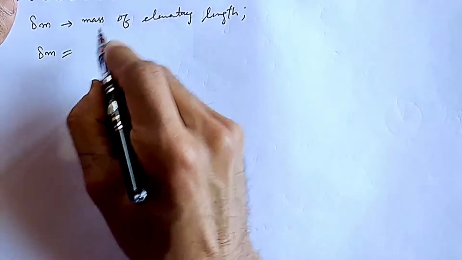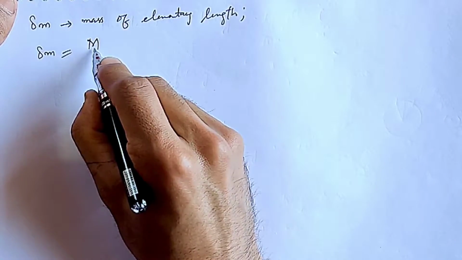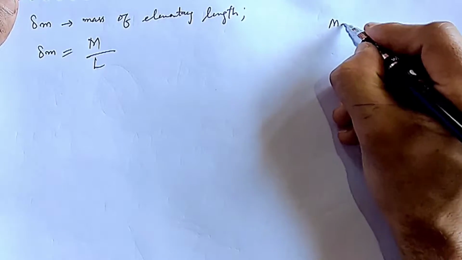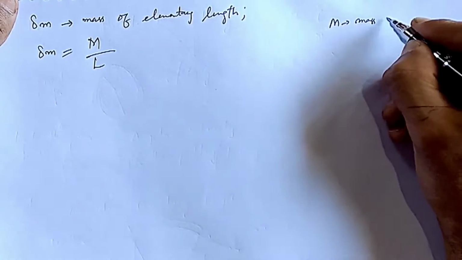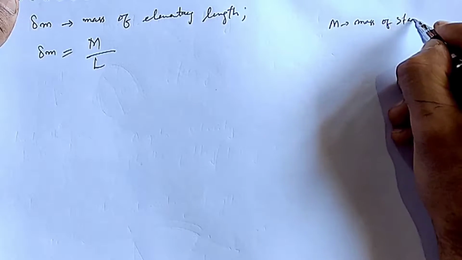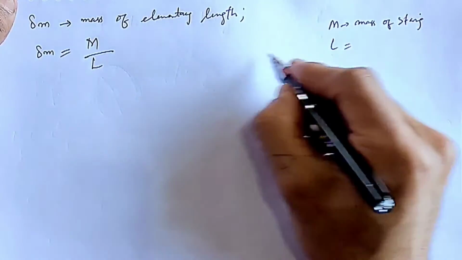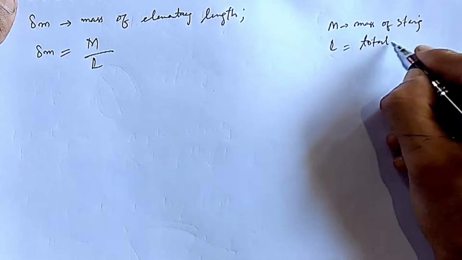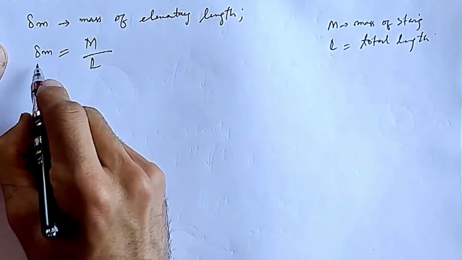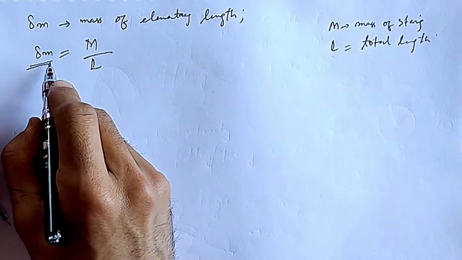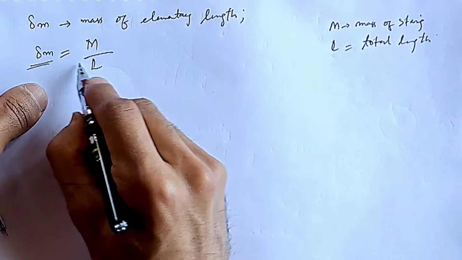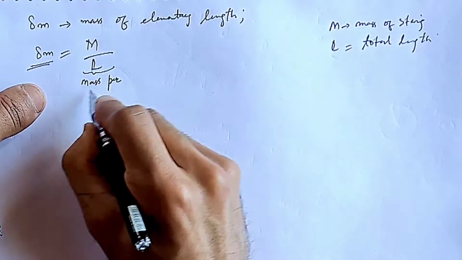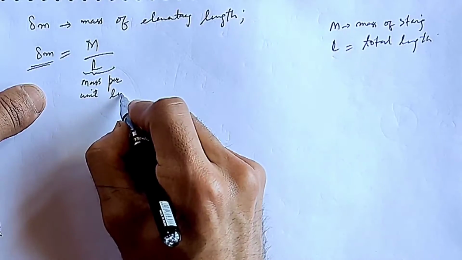This delta m is equal to the total mass of the string, capital M, divided by the total length. M is the mass of the string, as I told you earlier, and small l is the total length. So the elementary mass will be equal to M divided by l, that is, the mass per unit length.